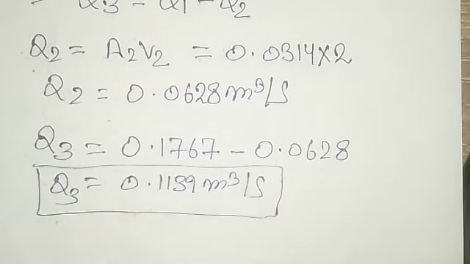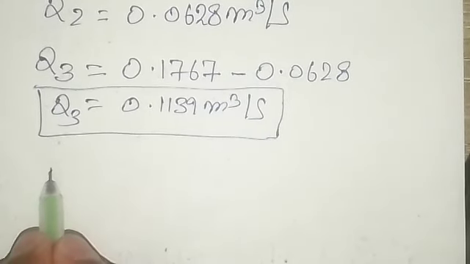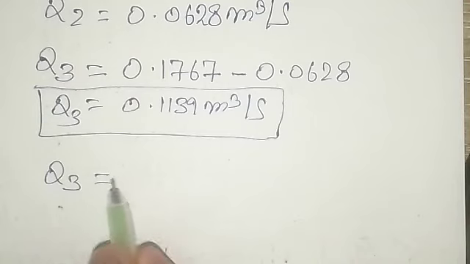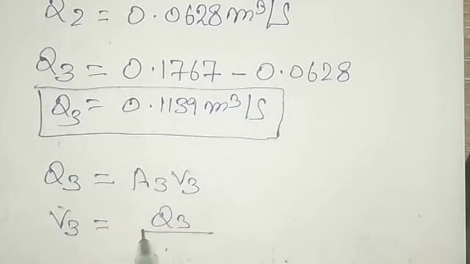Now from this equation we can find out v3. q3 is equal to a3 into v3, so v3 is equal to q3 by a3.